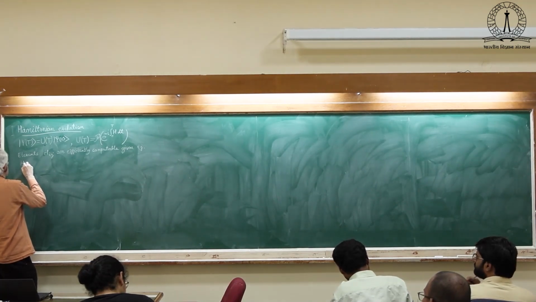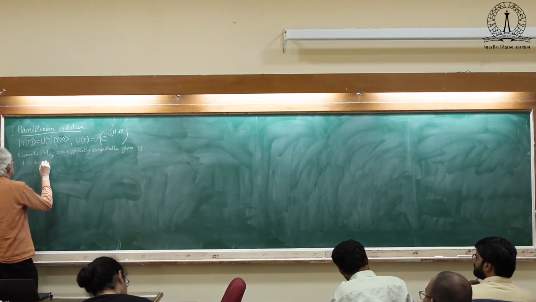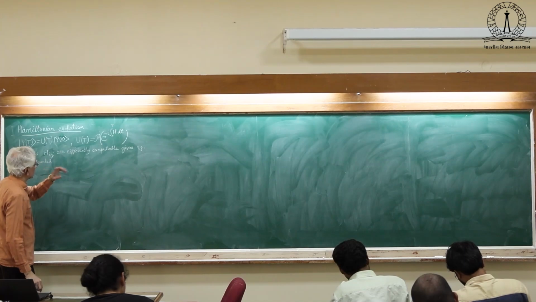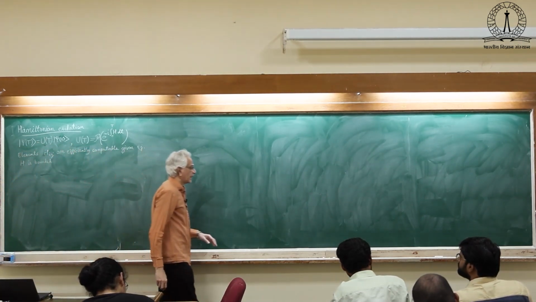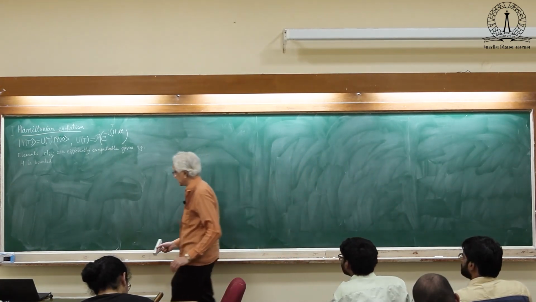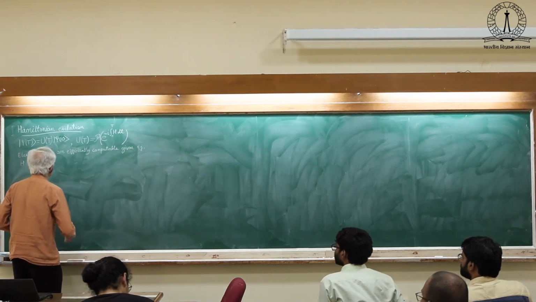On top of that, we'll assume something more, which is required to do this exponentiation properly, that this H is bounded, because otherwise exponential will go out of control. And on top of that, there is an integral over time.